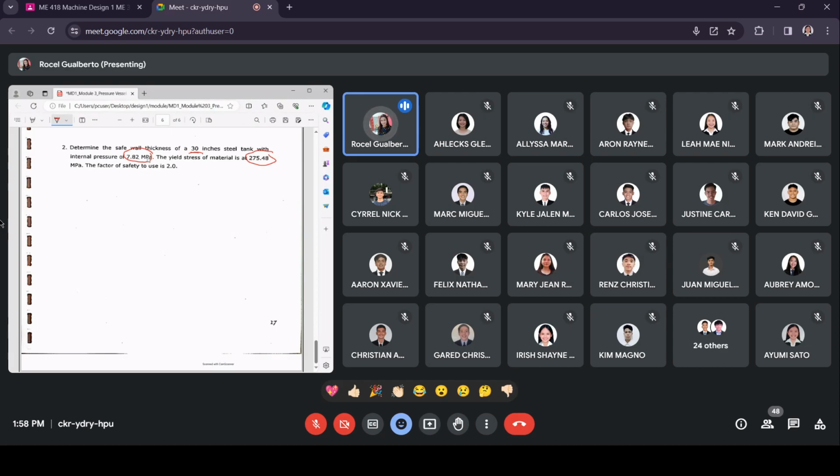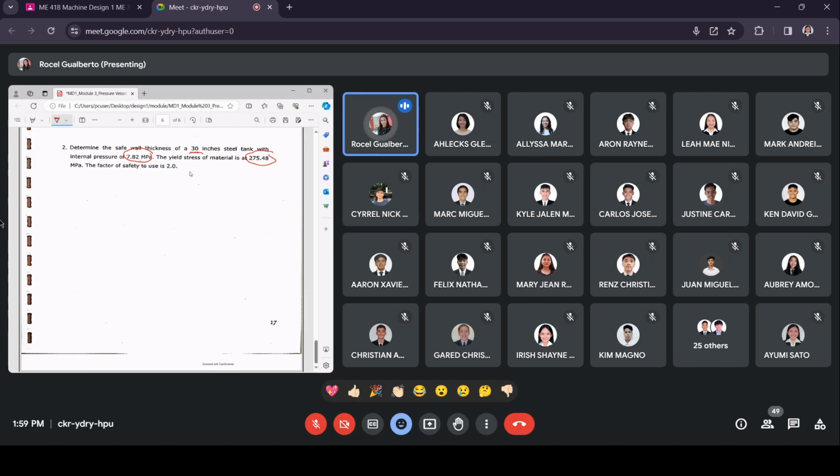So, if this is in megapascal, forces are in Newton, dimensions in millimeter, then we should be solving this on the SI system. But then, if given are in the English unit, everything should be in the English unit. But once given is in SI, do not convert this into an English unit.